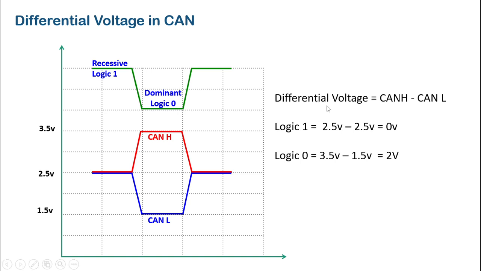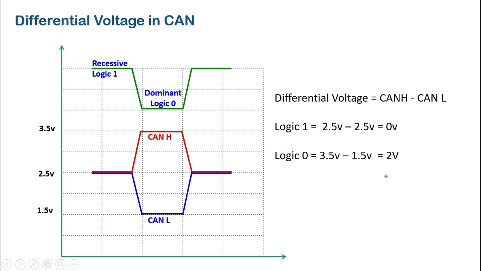Now in a mathematical way, differential voltage in our CAN protocol is defined as the difference between CANH and CANL voltage, CANH minus CANL. To represent a logical 1, we consider the difference between CANH and CANL. Both are at 2.5, so 2.5 minus 2.5 is equal to 0 volts. Similarly, to represent the dominant logic level, logic 0, CANH is 3.5 and CANL is 1.5, so the differential voltage is 2 volts.